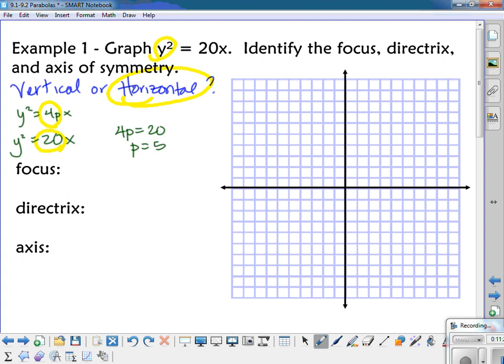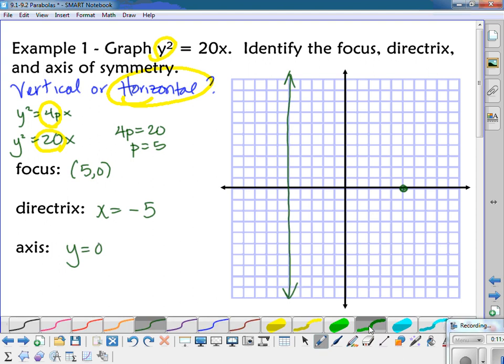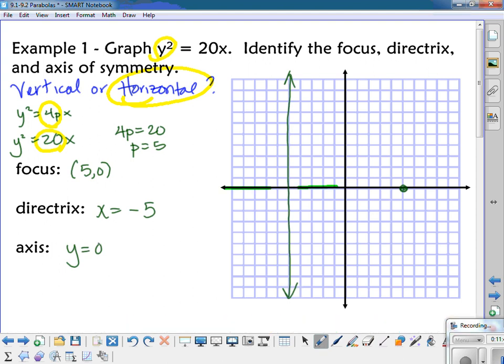So p is positive, so we're going to the right in that direction. My focus is at 5, 0. And my directrix will be x equals -5. And then my axis of symmetry is y equals 0. And that will be along the x-axis here.